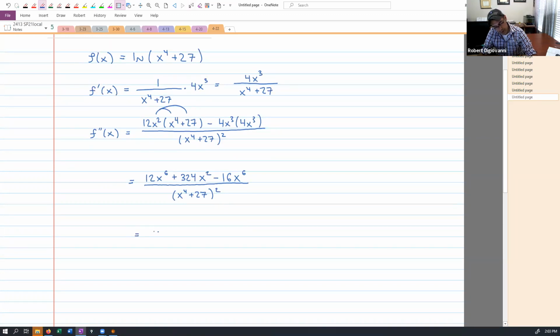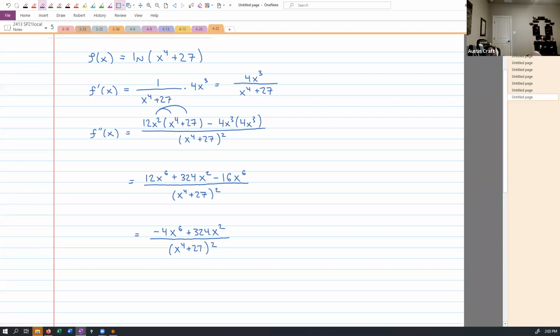which is negative 4x to the 6th plus 324x squared over x to the 4th plus 27 squared.